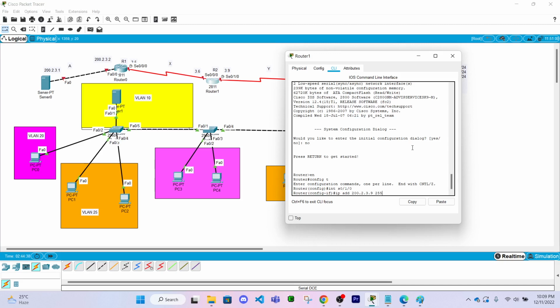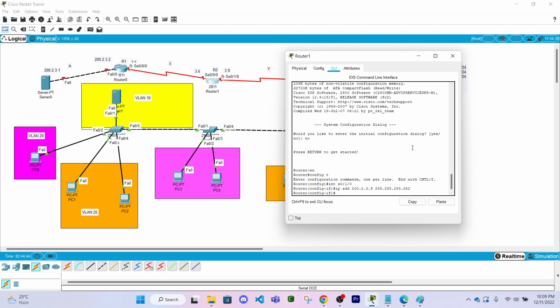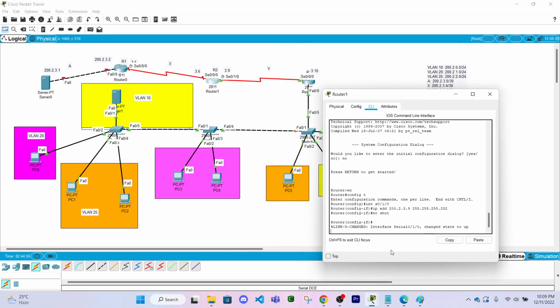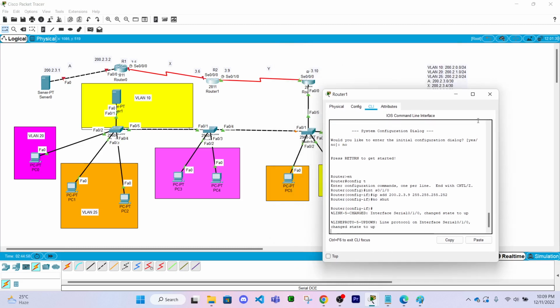Enter, and the subnet mask is 255.255.255.252, then no shut. Enter, and you can see here the state is up. When we configure both sides, then the state will be up.